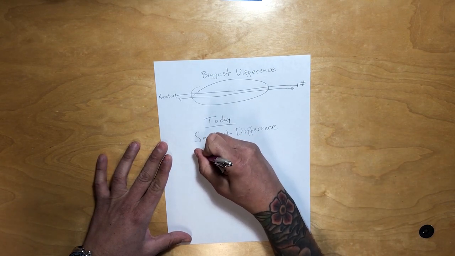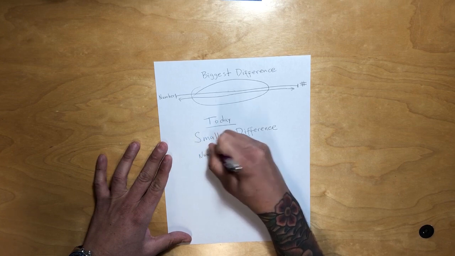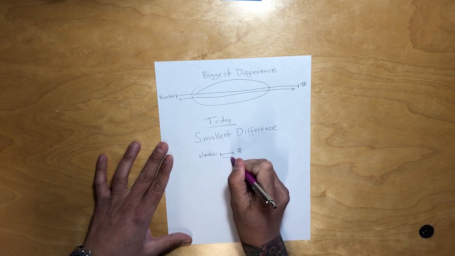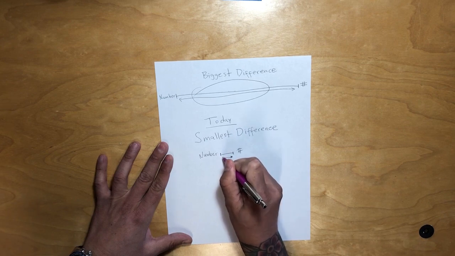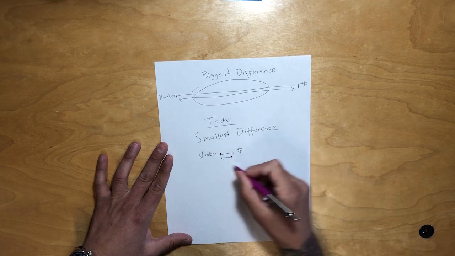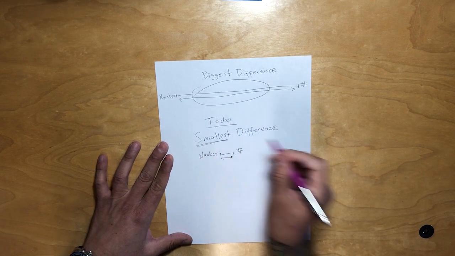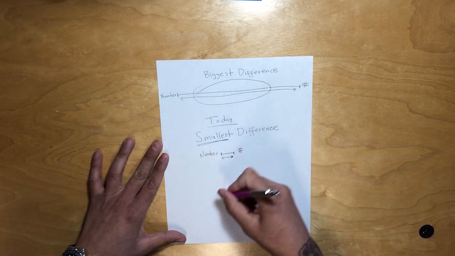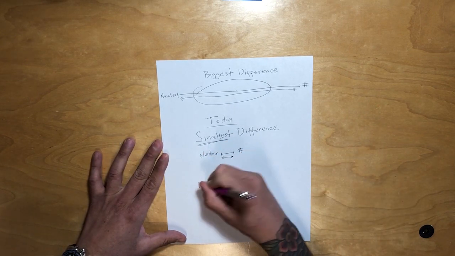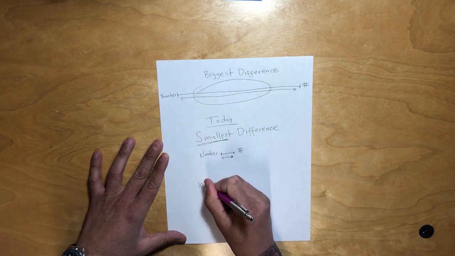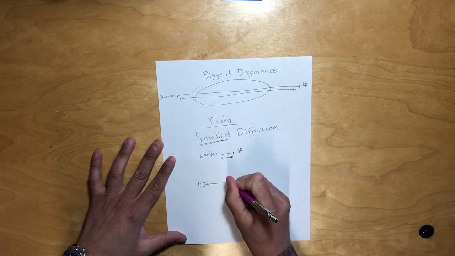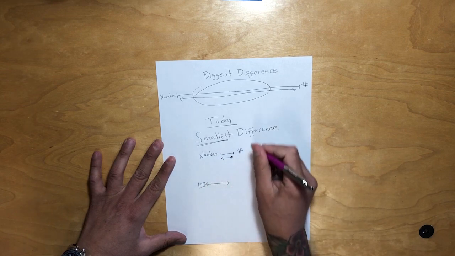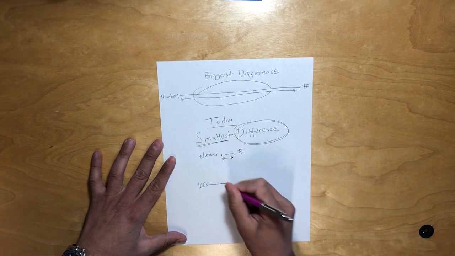So a number, and then another number, but the gap, this gap right here in the middle, in between, would be the smallest. Okay? So, for example, if we have 100, we want to find a number that has the smallest gap, the smallest difference in between them.